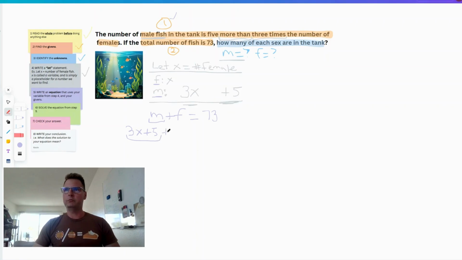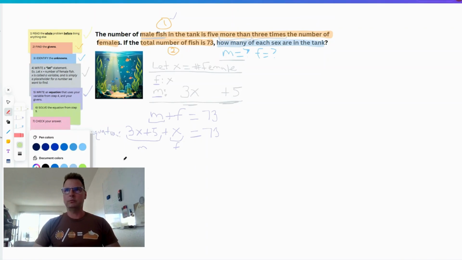And females, what's females? It's just x, right? Because that's what we chose x to represent. All right. So if we have males plus females, we should get 73, right? In total. Okay, and this is an equation.